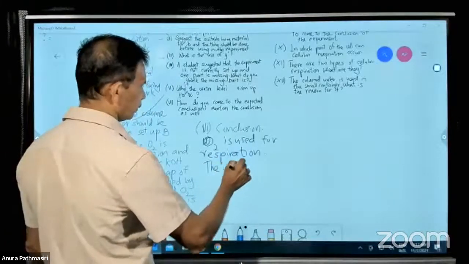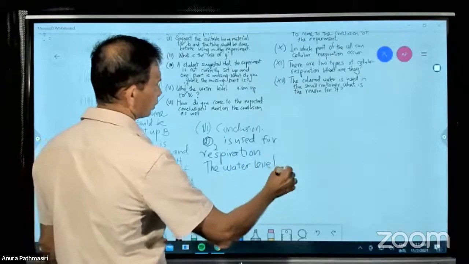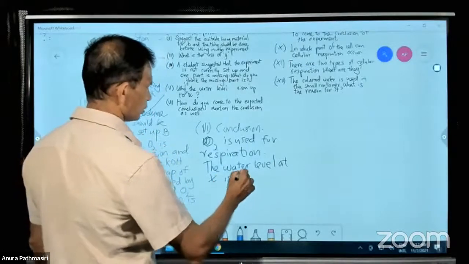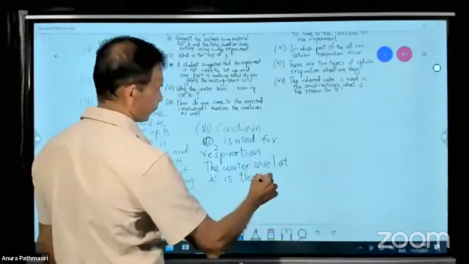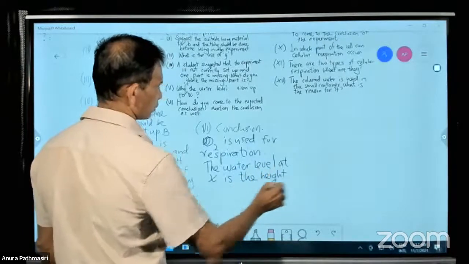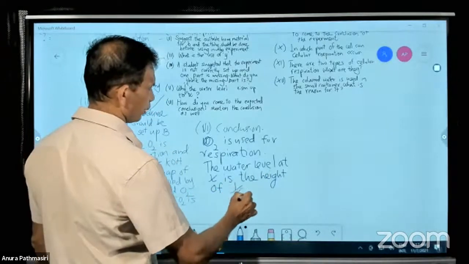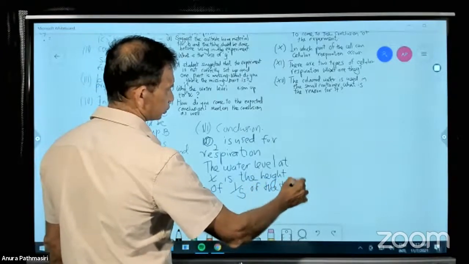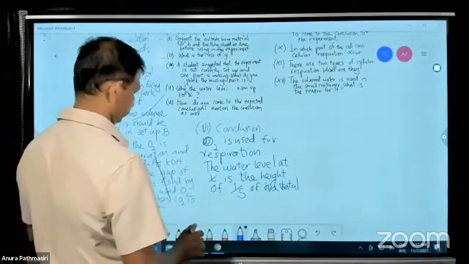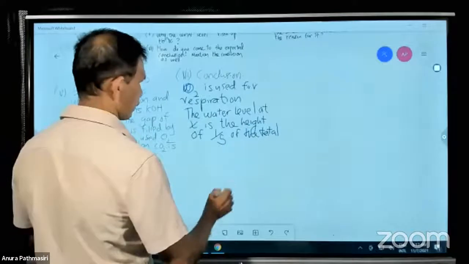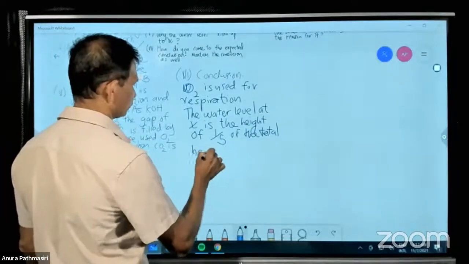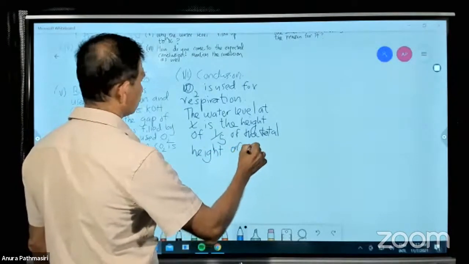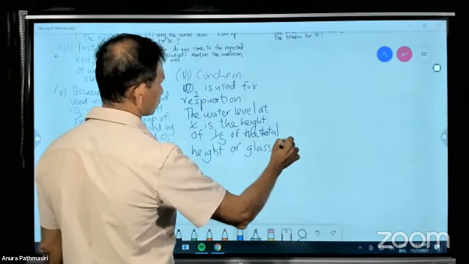The water level at X is the height of 1/5 of the total height of the glass tube.